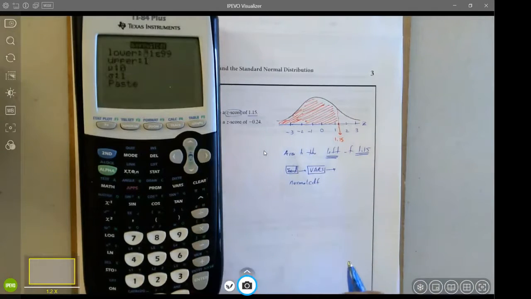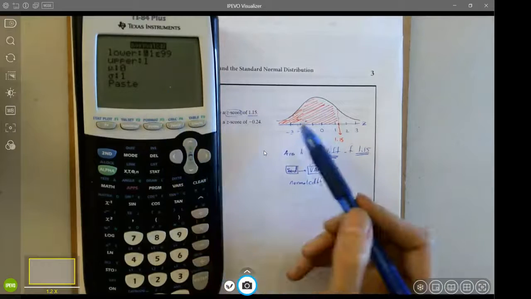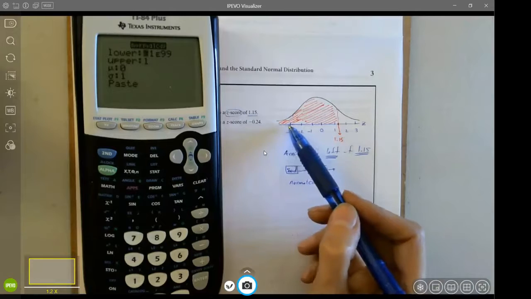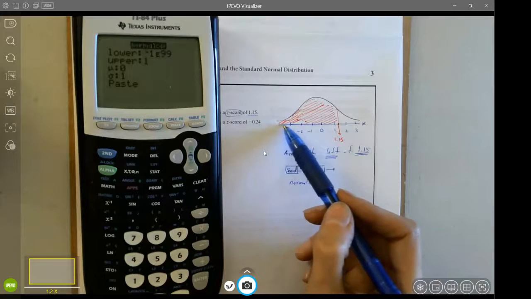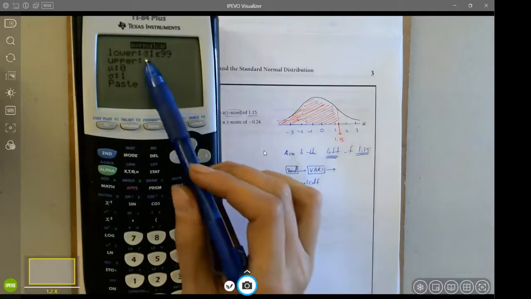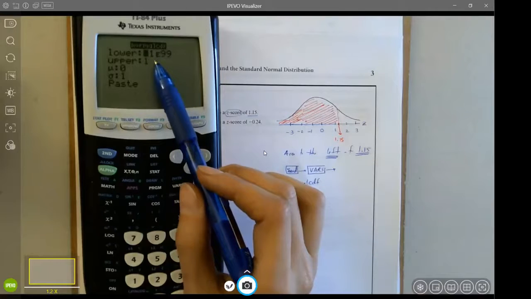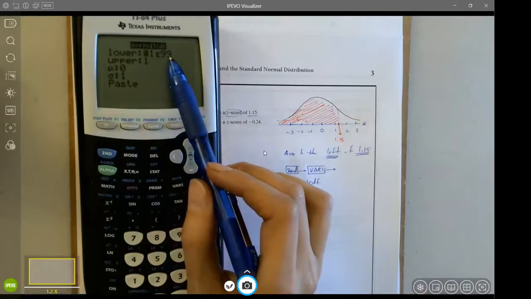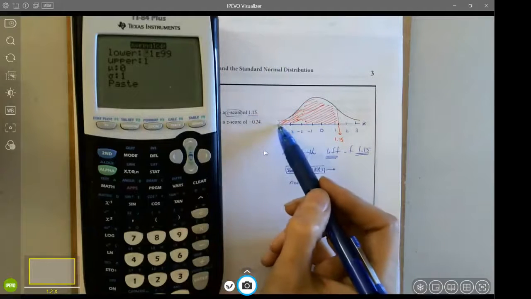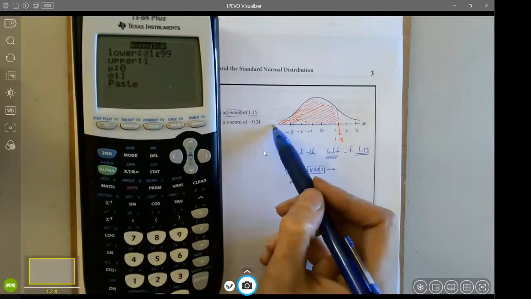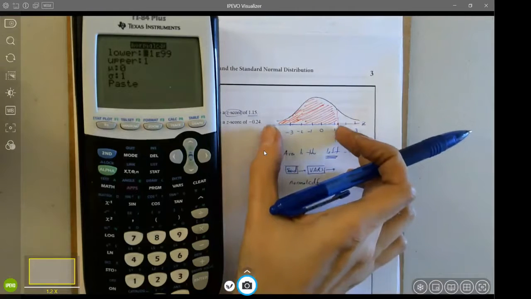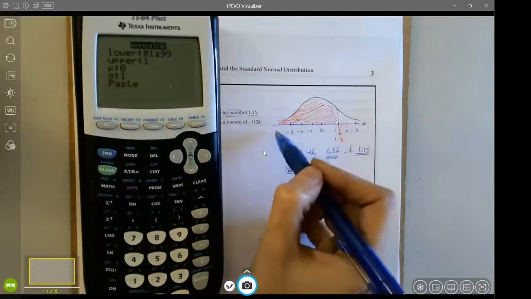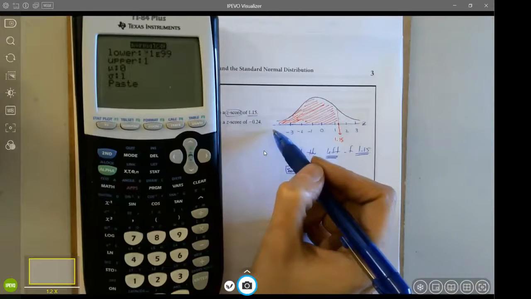When we click on normal CDF, since we are finding the area to the left of 1.15, the number on the left-hand side is going to be very small, -1E99. This is the exponent. So it's a very small number on the left-hand side. Note that we are finding this area between these two numbers. You don't know what number is located on the left-hand side.